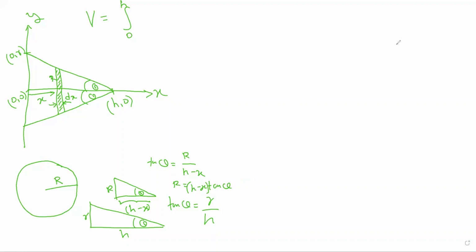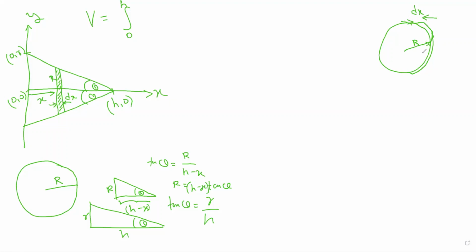Then if I draw this plate over here, this distance is dx. This is actually a small, very thin cylinder. The radius is r, and the height of this cylinder is dx.